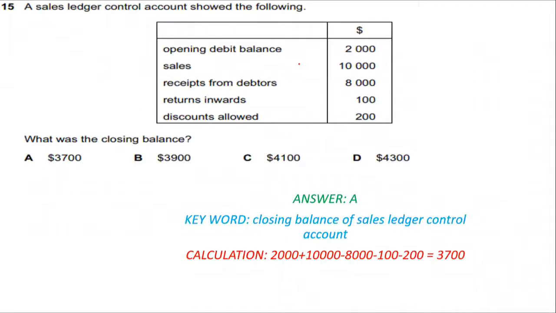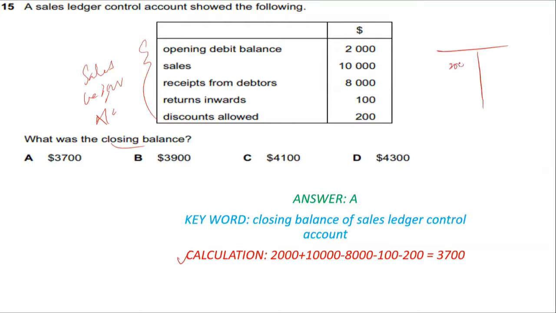Multiple choice 15. A sales ledger control account showed the following. So this is sales ledger control account, and it is asking me what is the closing balance. You can have this calculation, it's again the same, but you can always draw a T account as well.